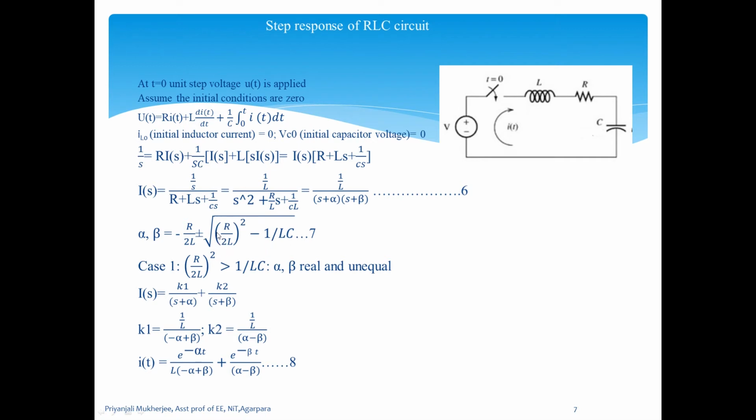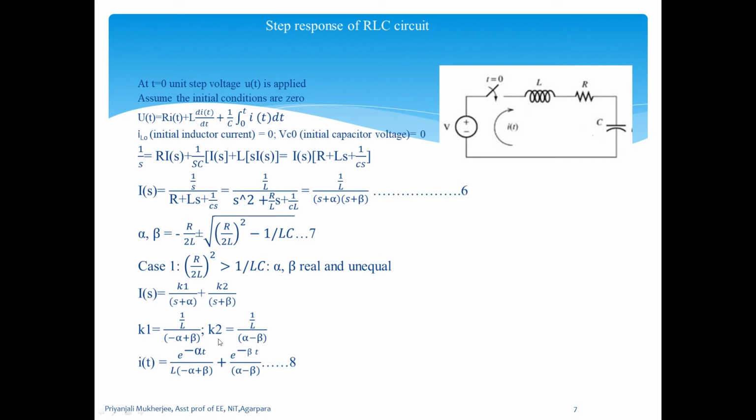For case 1, we consider that (R by 2L) whole square is greater than 1 by LC, and if so, the alpha and beta values are real and unequal. So we can write I(s) equals K1 by s plus alpha plus K2 divided by s plus beta.